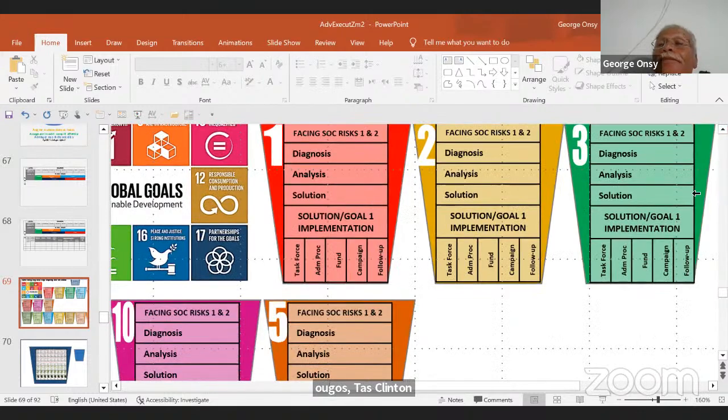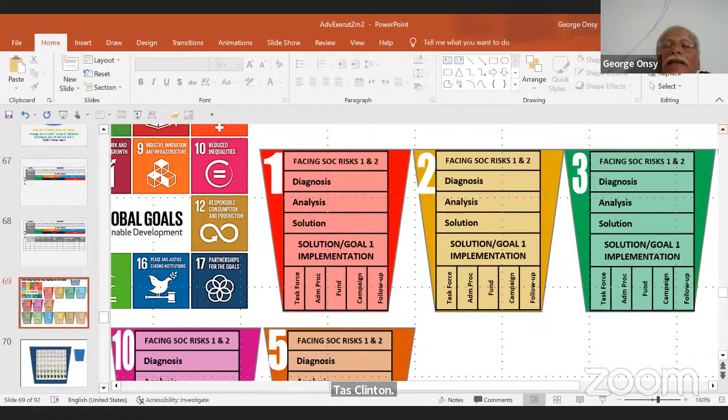Number one, goal one, for example, I take this out. You see, I set a table inside each one of them, which is the work table: how can we work, whether GPLT staff or executives or trainers who are working with those goals, or us as advisors? First, facing the risks.